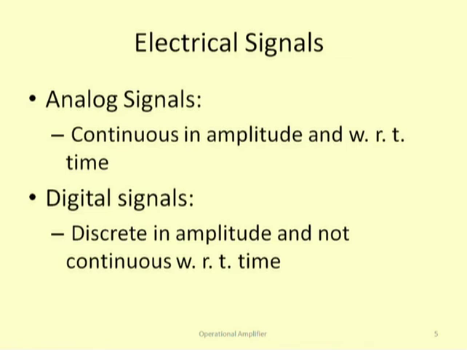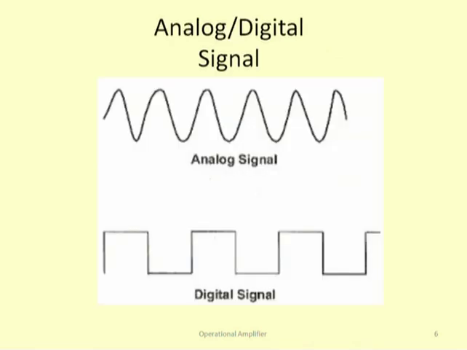Like that, there are 6 alphabets. Each of these 6 alphabets is spoken out for a certain time period, and the corresponding voltage level will remain constant for that time period. So that is what is called a digital signal. Digital signal is basically a signal which is discrete in amplitude and not continuous with respect to time. We have sample photographs for analog signal as well as the digital signal that we'll see in the next slide.